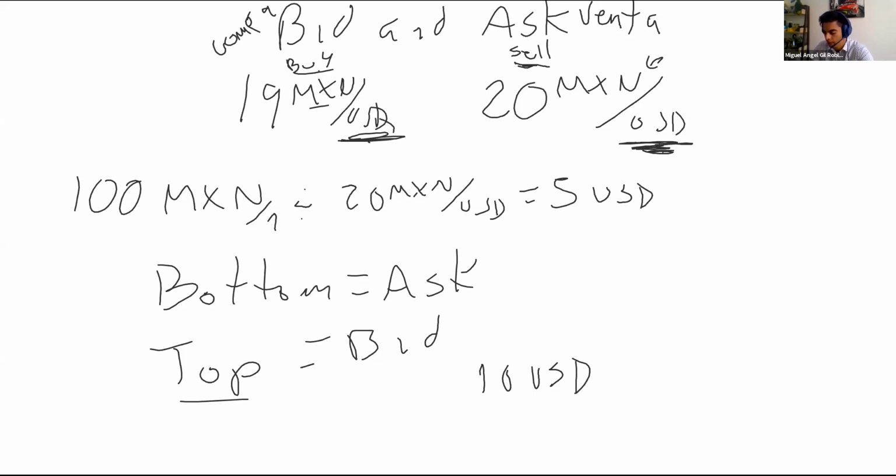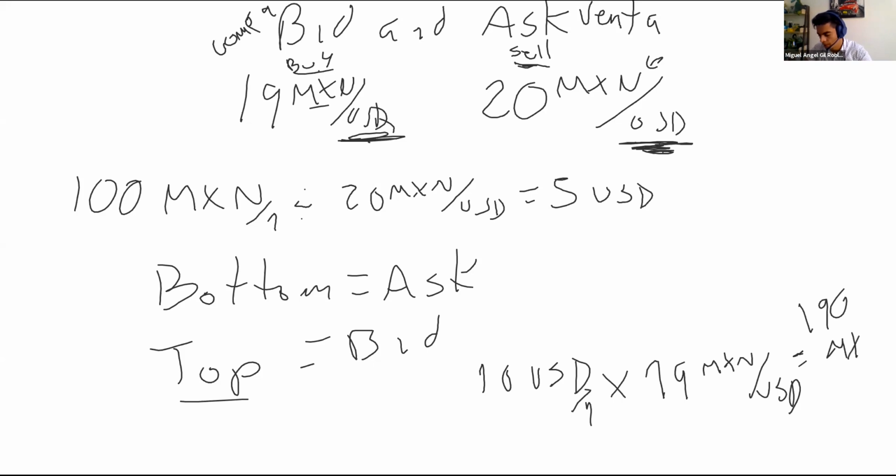So it's the same. And divide or multiply, that will be the next question. If we analyze it as a fraction, we have dollars on top and dollars at the bottom. That means multiply. You multiply and you get 190 pesos.